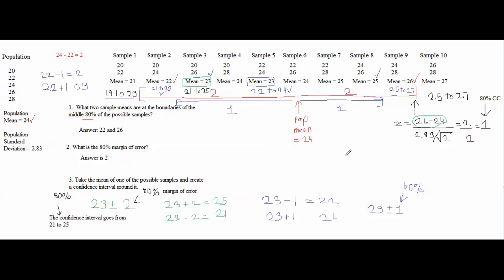But if we take our confidence coefficient and multiply it by the bottom of the z-score, which was the population standard deviation over the square root of the sample size of 2, this will have to come out to 2.